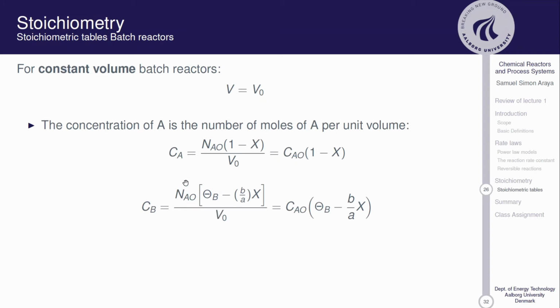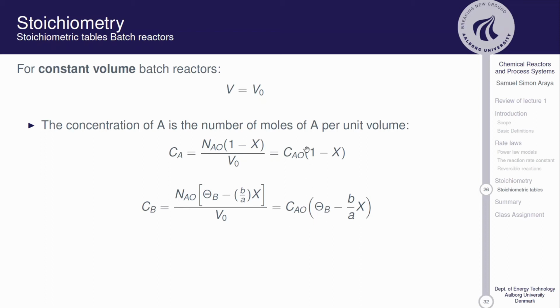And then we just take our initial concentration of A, and then theta B, which we said is the ratio between the initial moles of B divided by the initial moles of A, and then we have the change in B as a function of conversion, and therefore it will also be a function of the concentration of A in the beginning.